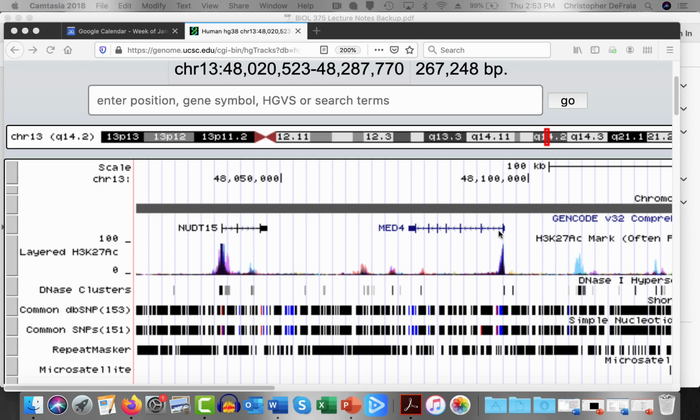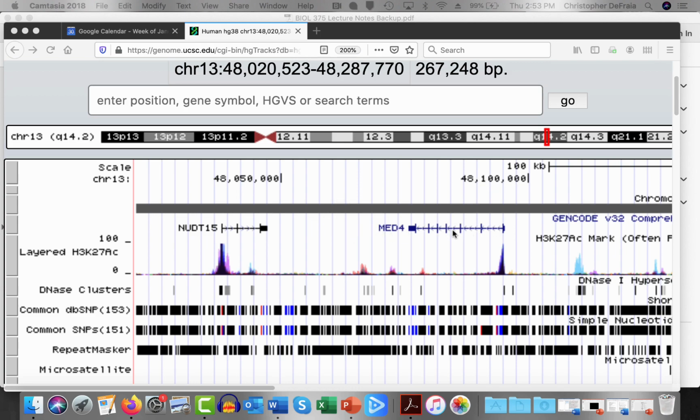We can see that the MED4 gene starts about here and goes to about this point. So it starts at about 48,070,000 base pairs or so from the beginning of the chromosome and goes to almost 48,100,000 base pairs from the beginning of the chromosome. So it's a pretty small gene.